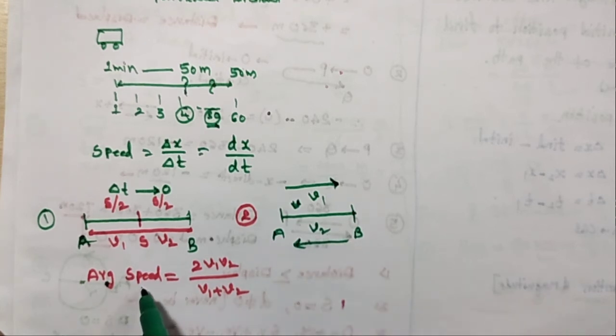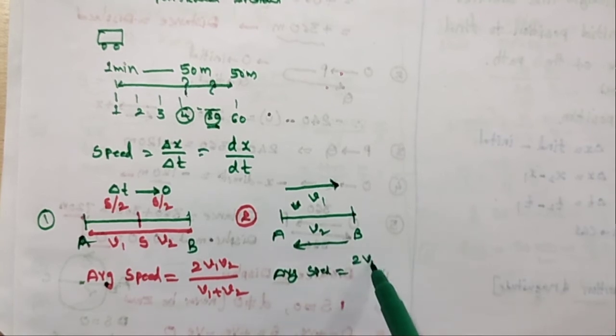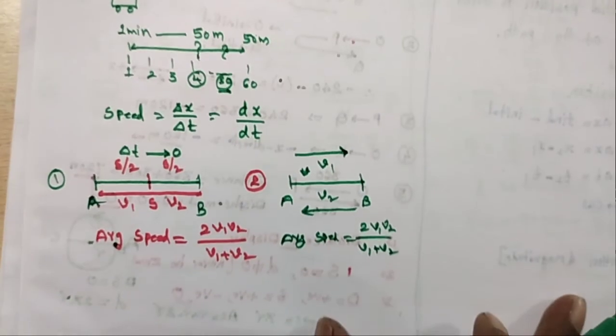What is the average speed of the total motion? That is 2 V1 V2 by V1 plus V2. So it is also the same. This is the second point.